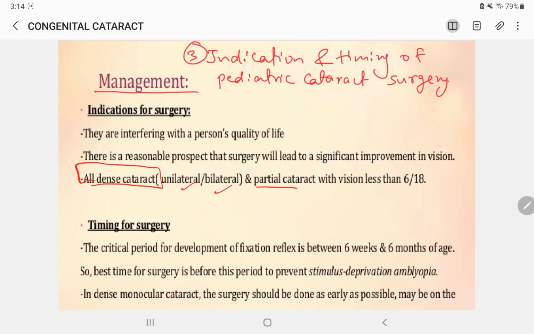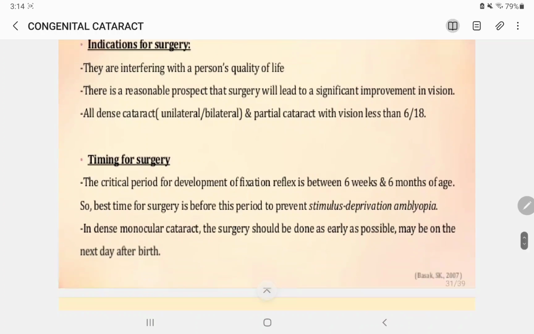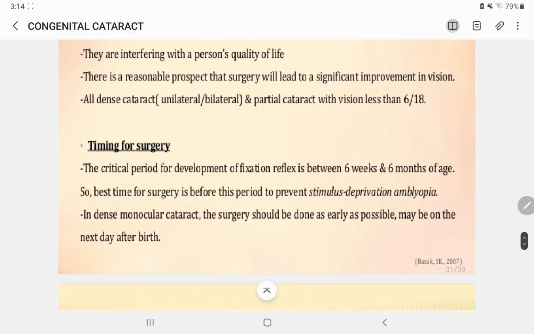And in cases of partial cataract, if the vision is 6/18 or less, then surgery should be done. Otherwise, if it is manageable, if it is better than this, then symptomatic management can also be done. But it is indicated if the vision is less than 6/18.